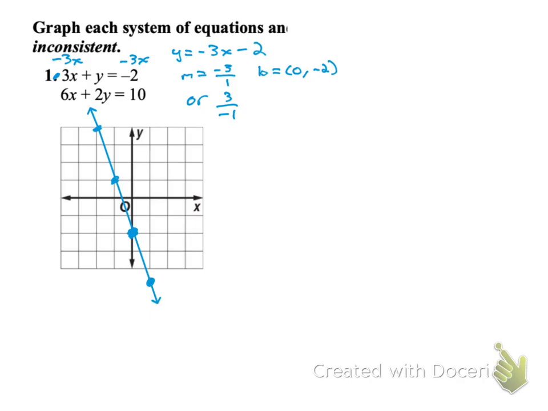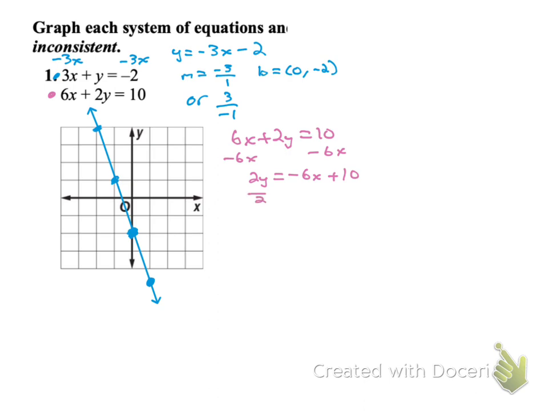My second line, 6x plus 2y equals 10. Going to subtract 6x, which leaves me 2y equals negative 6x plus 10.